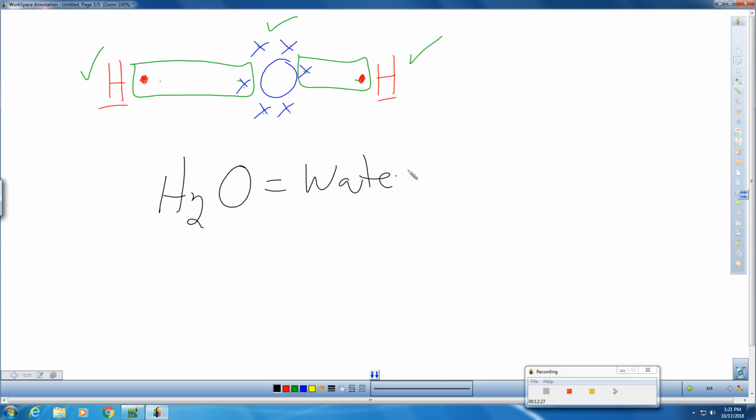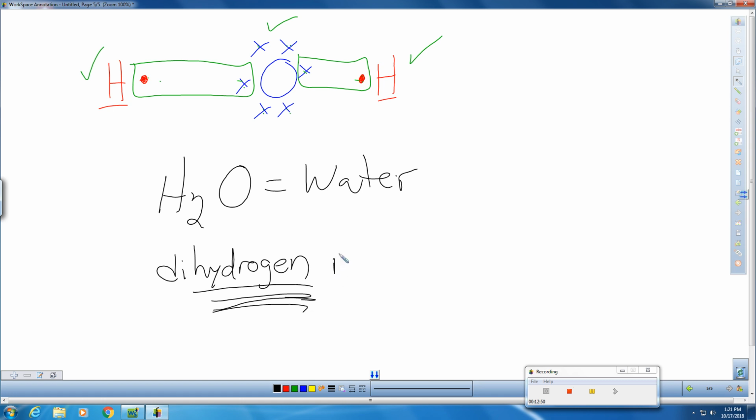You guys call this water, which you are technically correct. However, the actual covalent name for this compound is dihydrogen monoxide. The first name does not get changed. It's still the same kind of ionic rules here. We're leaving the first name the same.